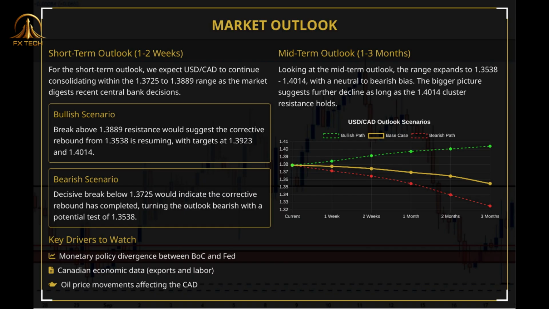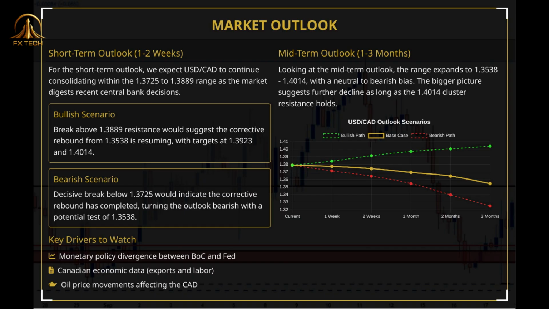In a bullish scenario, a break above 1.3889 resistance would suggest the corrective rebound from 1.3538 is resuming, with potential targets at 1.3923 and eventually 1.4014. Conversely, in a bearish scenario, a decisive break below 1.3725 would indicate the corrective rebound has completed, turning the near-term outlook bearish with a potential test of 1.3538.